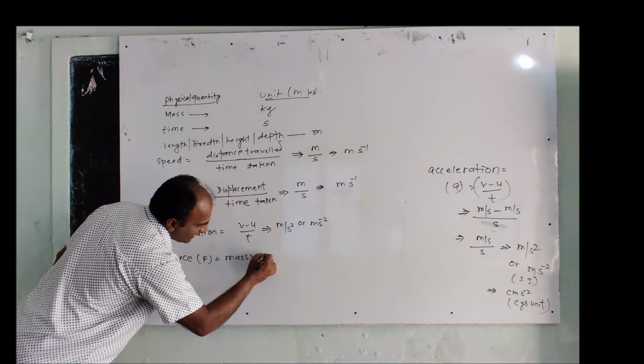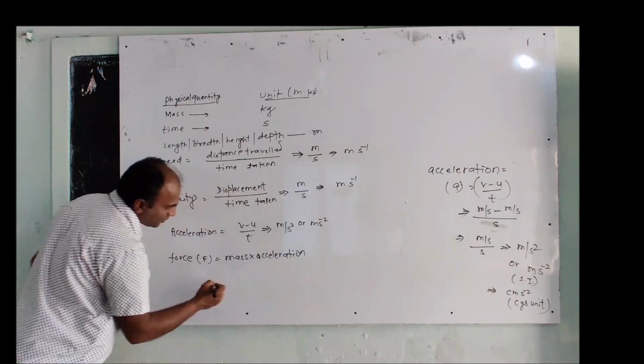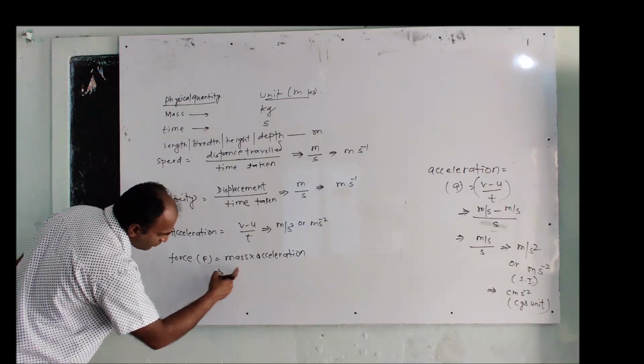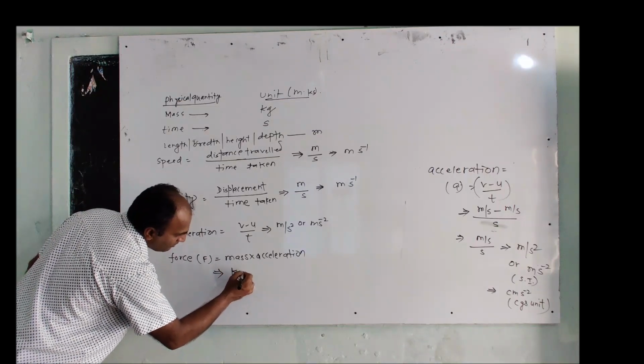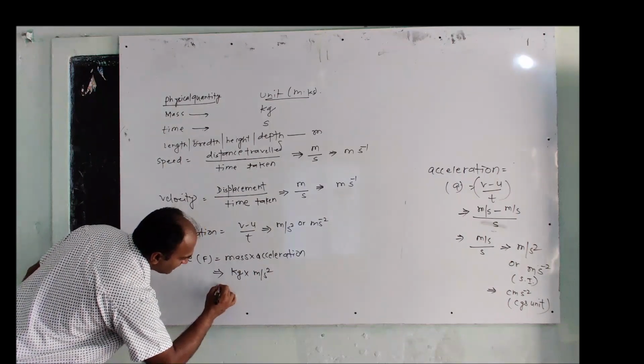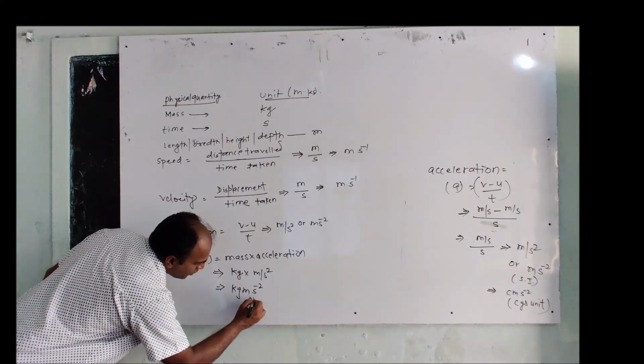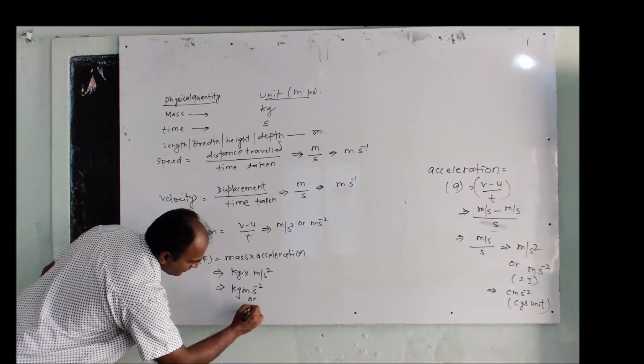Mass is multiplied by acceleration, then it gives the magnitude of force. Mass is expressed in kilogram and acceleration in meter per square second. Therefore, we can write kg meter second minus 2, or we can write Newton.